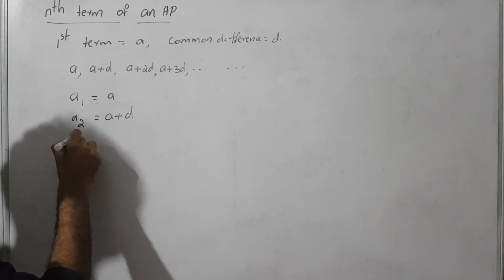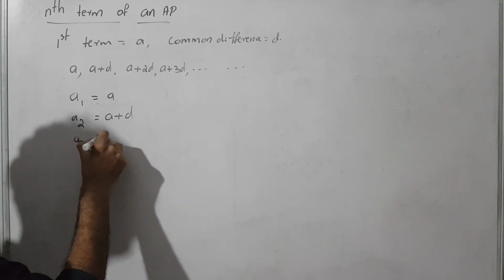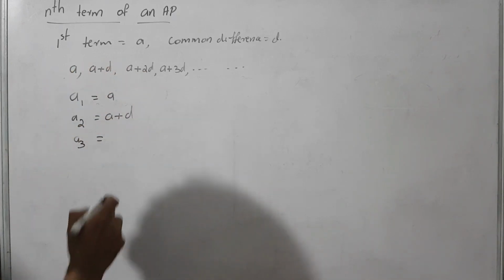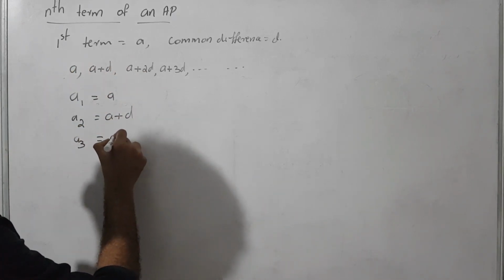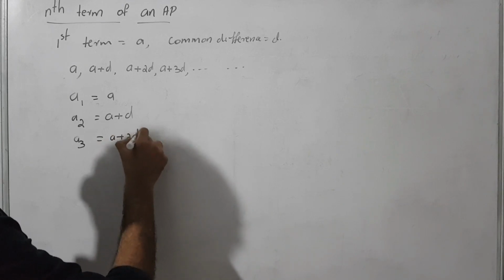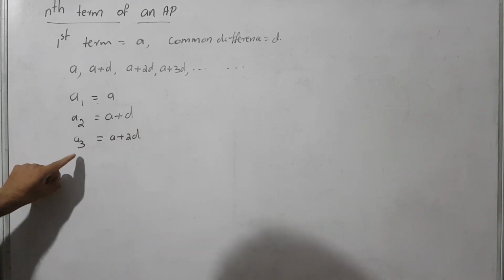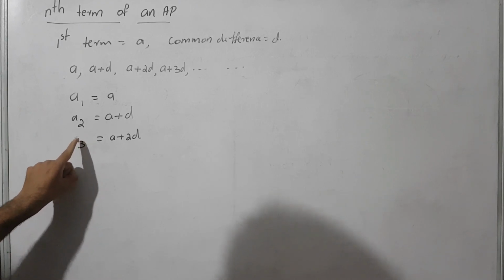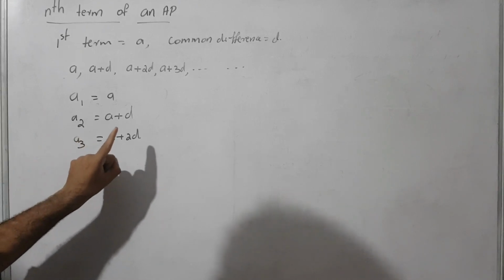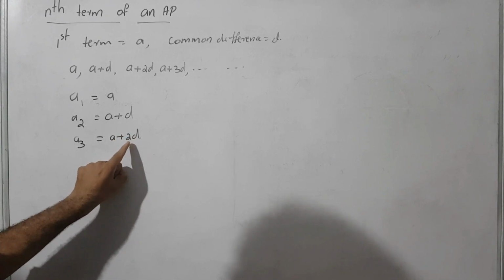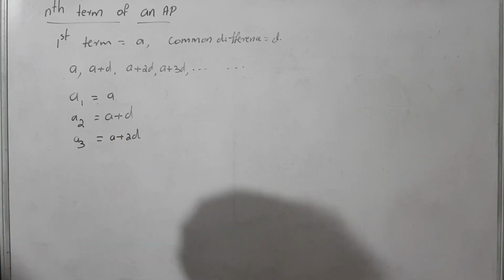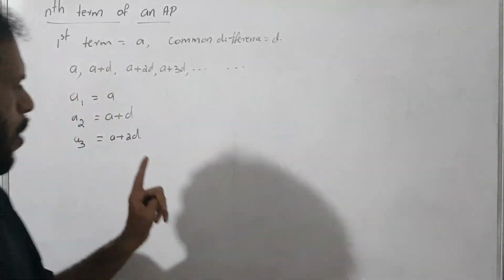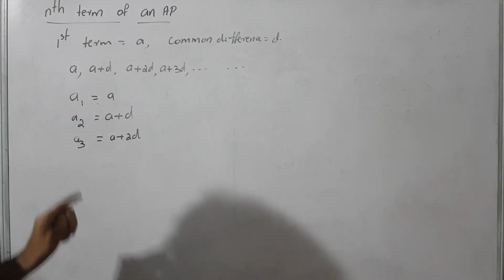Then we find the third term A3. How many times do we add the common difference to the first term? That is A plus 2D. We write the third term of an arithmetic sequence as A plus 2D. For A3, we add the common difference 2 times.